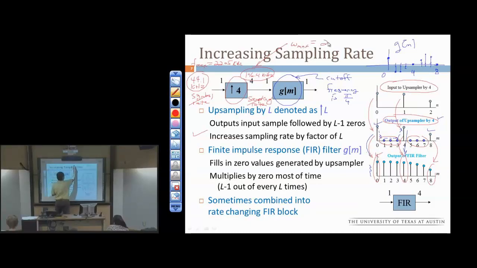It's going to be 2 pi F max over the new sampling rate, which is 2 pi times 22.05 kilohertz over 176.4 kilohertz, which is pi over 4.